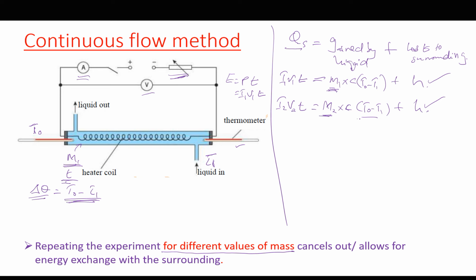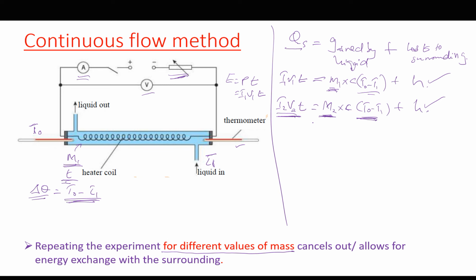But remember, I always want to ensure that the temperature difference between the input and output are the same. Therefore, when I adjust the power and yet the temperature is supposed to be the same, then the rate of flow should be changed.